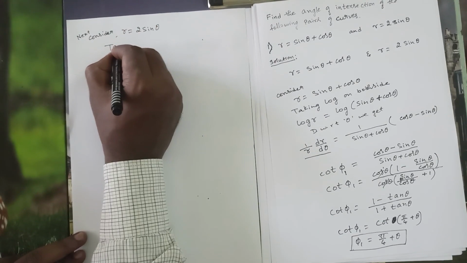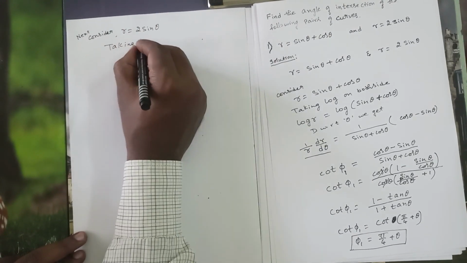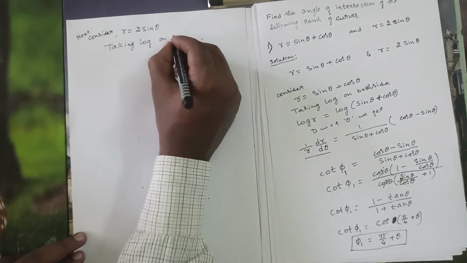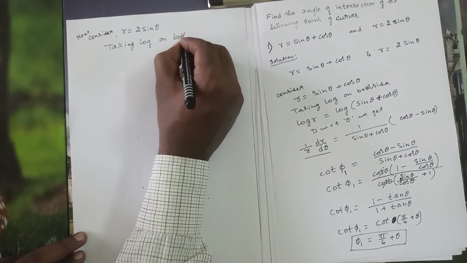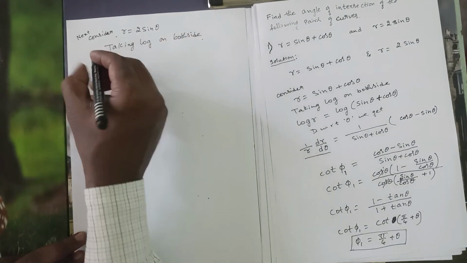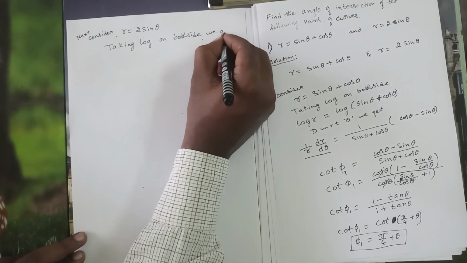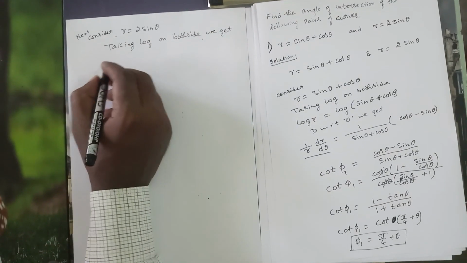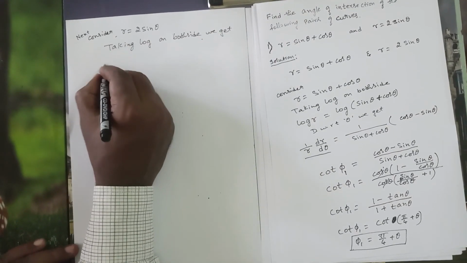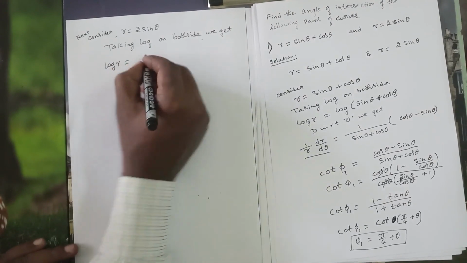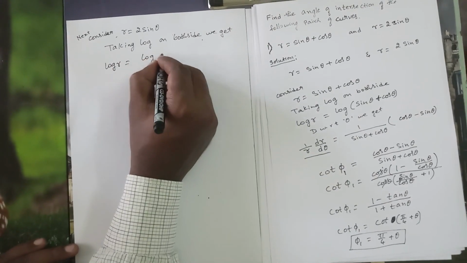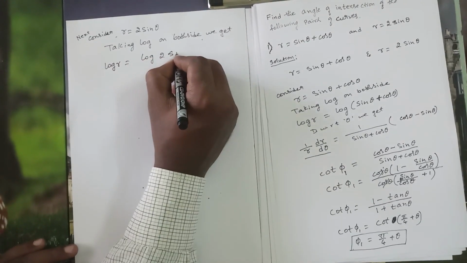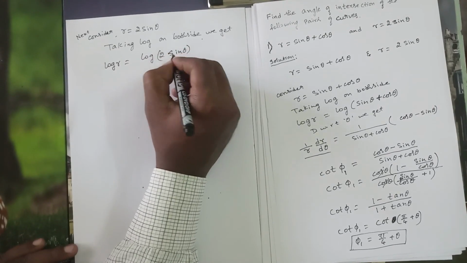So taking log on both sides, so we get, what do you get here? Log R equals log of 2 into sin theta, you will get, right?